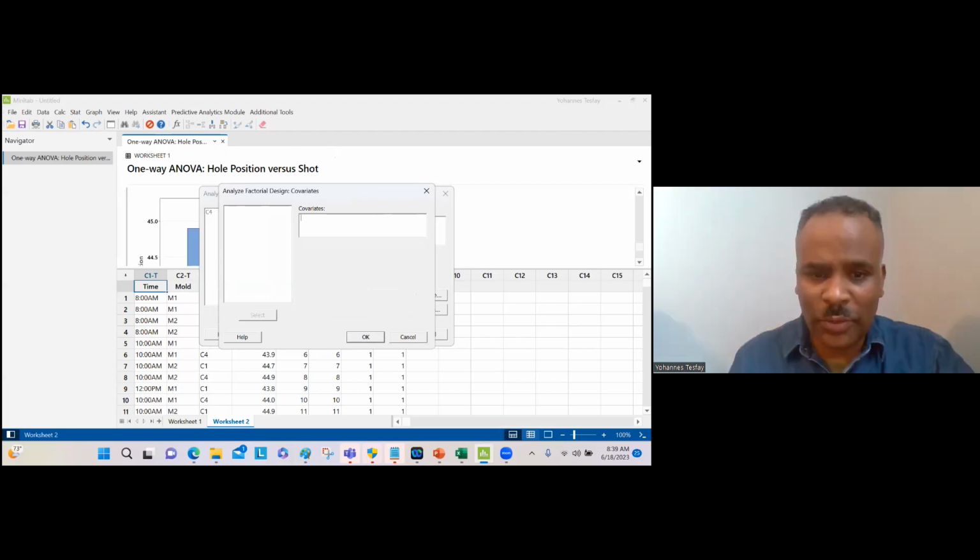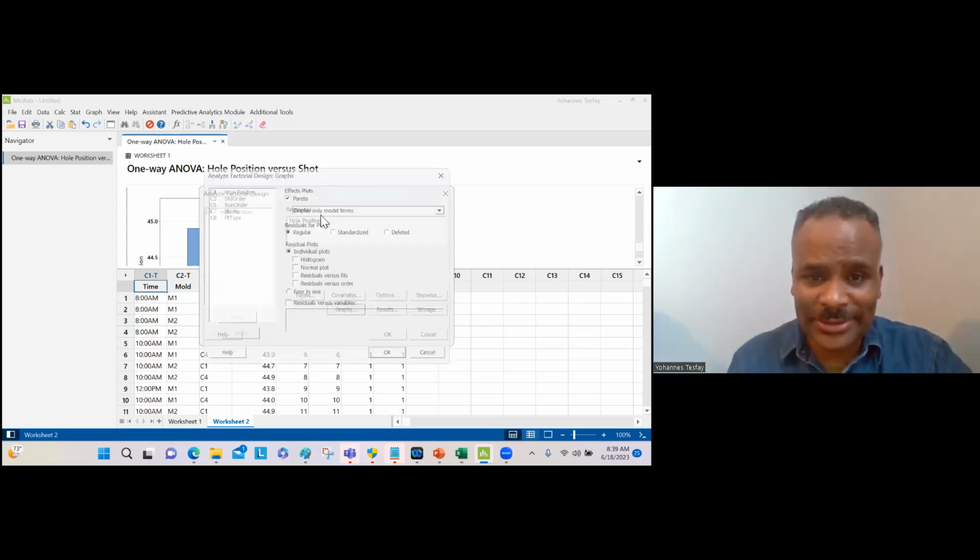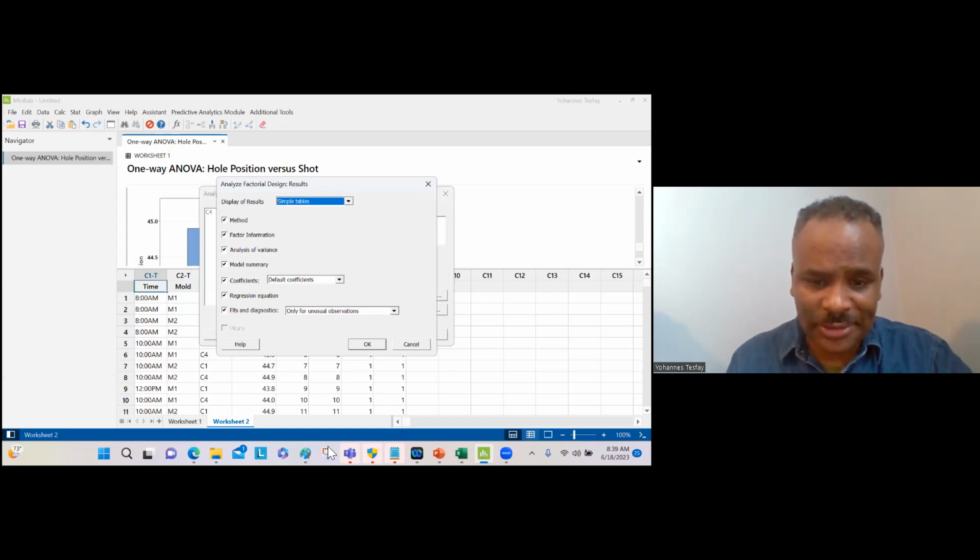I don't have any weight or whatever. I don't need stepwise. Here you see simple table. Instead of simple table, you're going to put extended table. Okay.